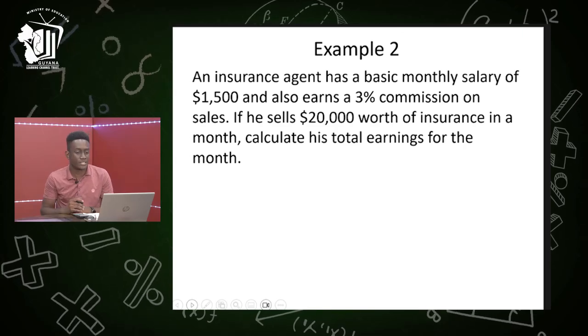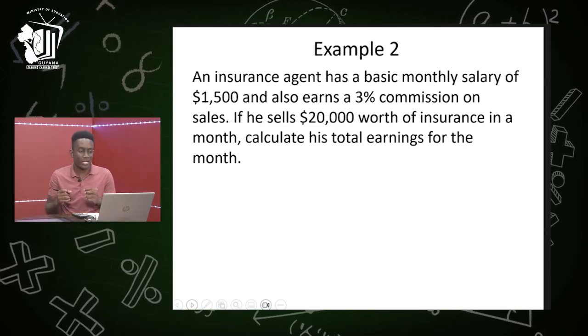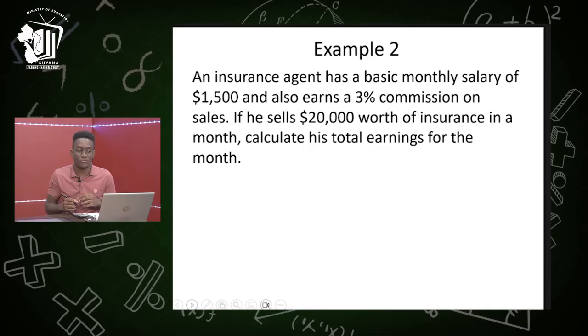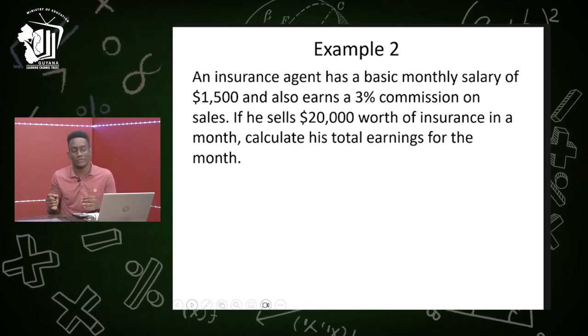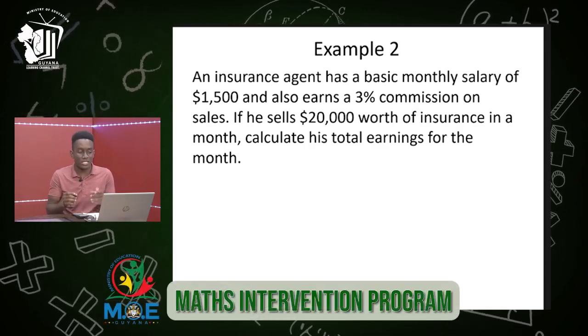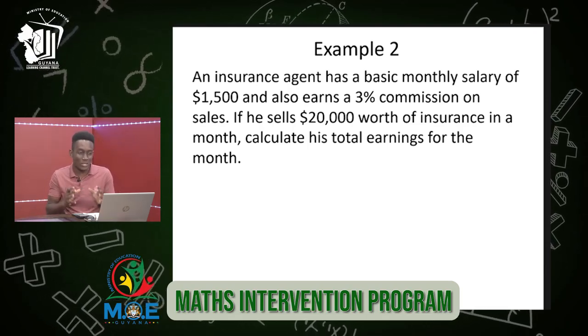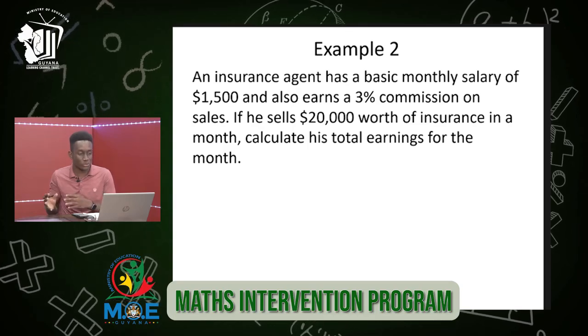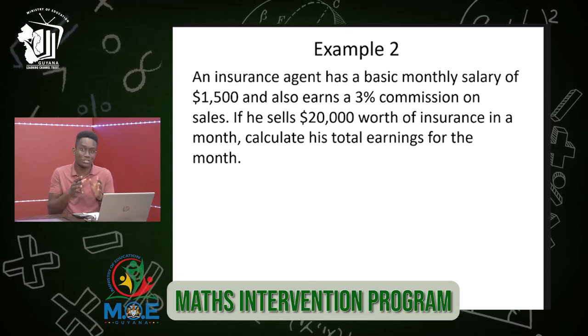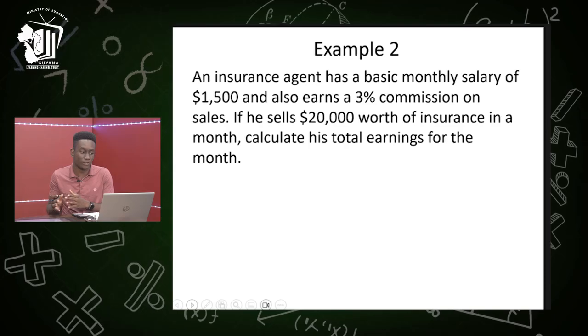This example says an insurance agent has a basic monthly salary of $1,500 and also earns a 3% commission on sales. If he sells $20,000 worth of insurance in a month, calculate his total earnings for the month.